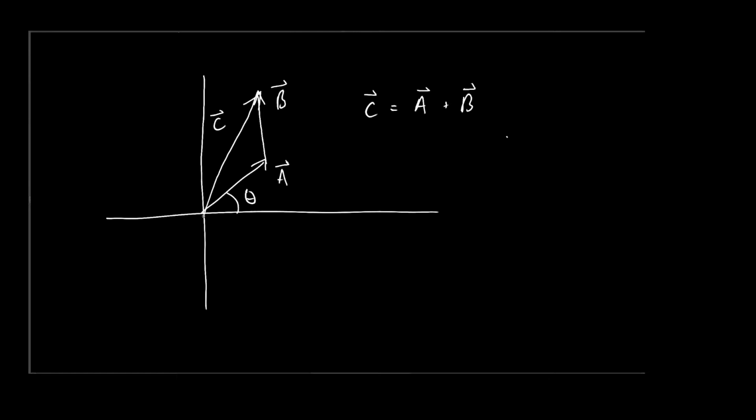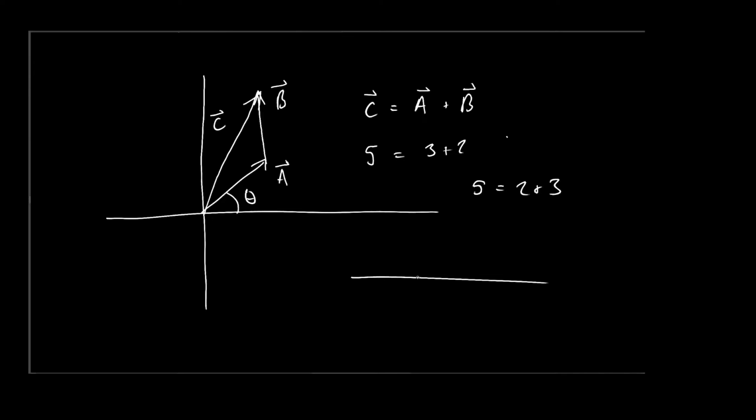And you can also see here that it doesn't matter if I had done B first or A first, because just like you can write 5 as 3 plus 2, you can also write 5 as 2 plus 3, right?